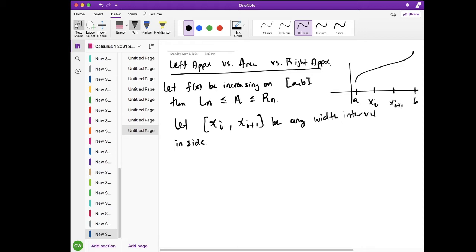Okay, so let's see how the area will play a role. So what is the left approximation of this interval? It's an actual value you can describe. What would the value be?